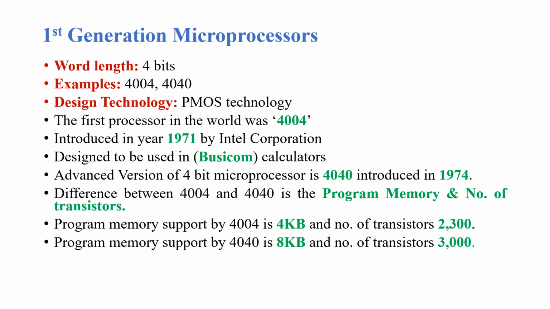Coming to 4040, the program memory supported is 8 kilobytes and it has 3000 transistors. Anyway, we can say that 4040 is an advanced version of the 4004. This is about the first generation microprocessors.